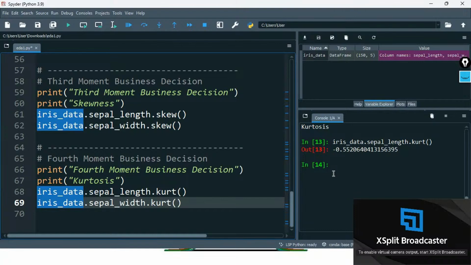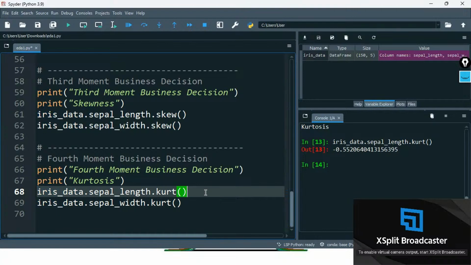So what kind of plot can you identify for sepal length? Will it be a sharp peak and long tails, or a wide peak with no tails? Will it be with a sharp peak? Negative kurtosis is the answer, right?